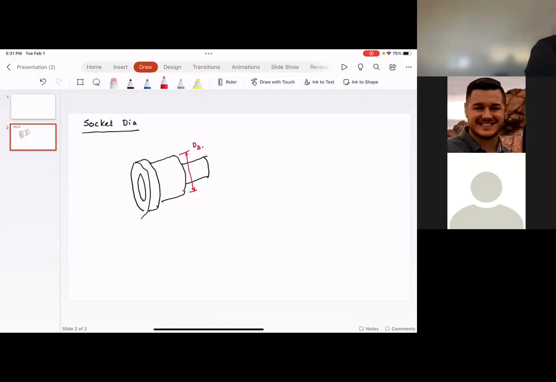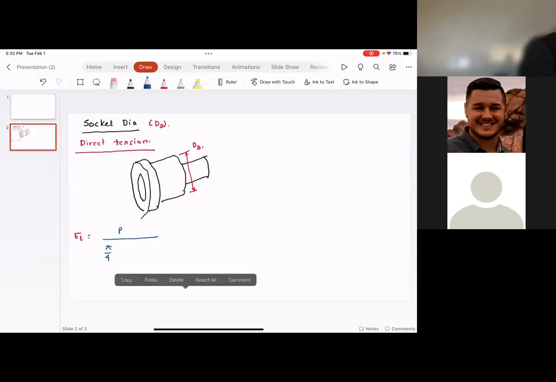So socket diameter d3 is in direct tension, and the direct tension sigma t is equal to P divided by pi by 4 times d3 square minus d1 square, minus d3 minus d1 times t.